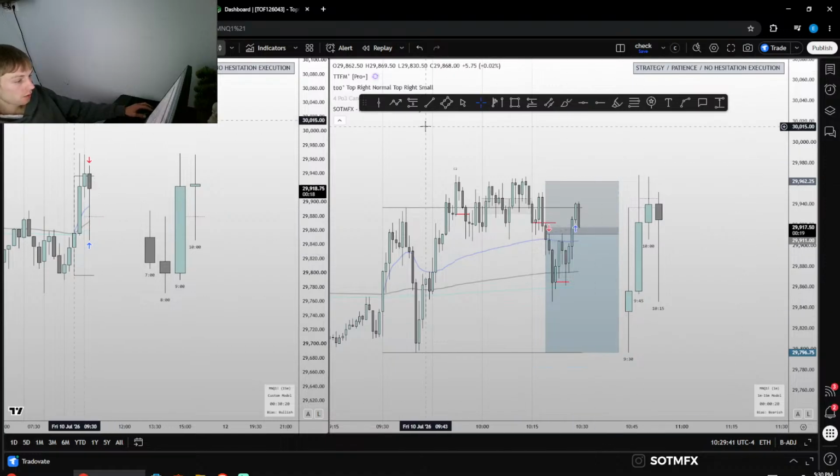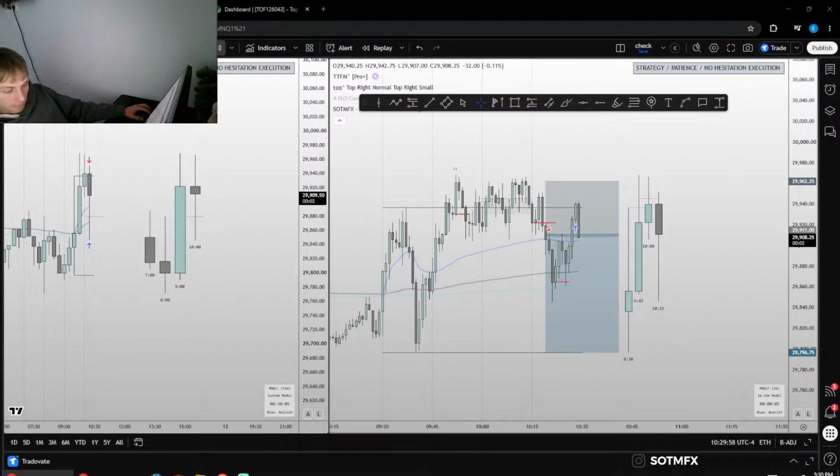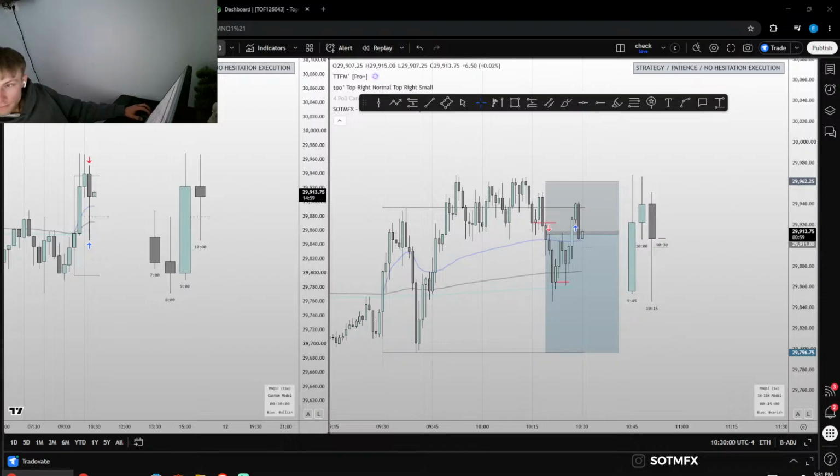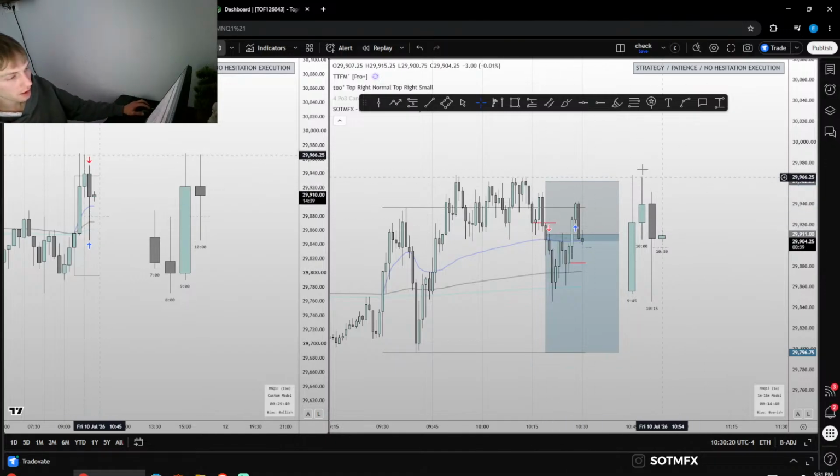All right, so 20 seconds until the 15-minute candle closure. Now the swing point sequence is completed, because there was a candle for, right?